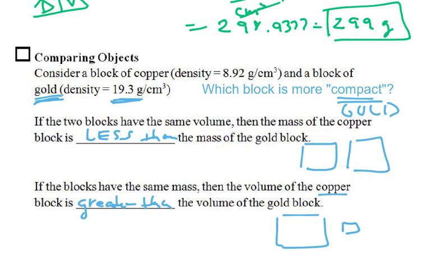So which is more compact, or in this case, a little bit easier to say who is less compact. Okay, so the copper is less compact, and in this case here, the copper is going to have the greater volume. I think I said that wrong. It's going to have less mass because it's less compact, and greater volume. That's it.